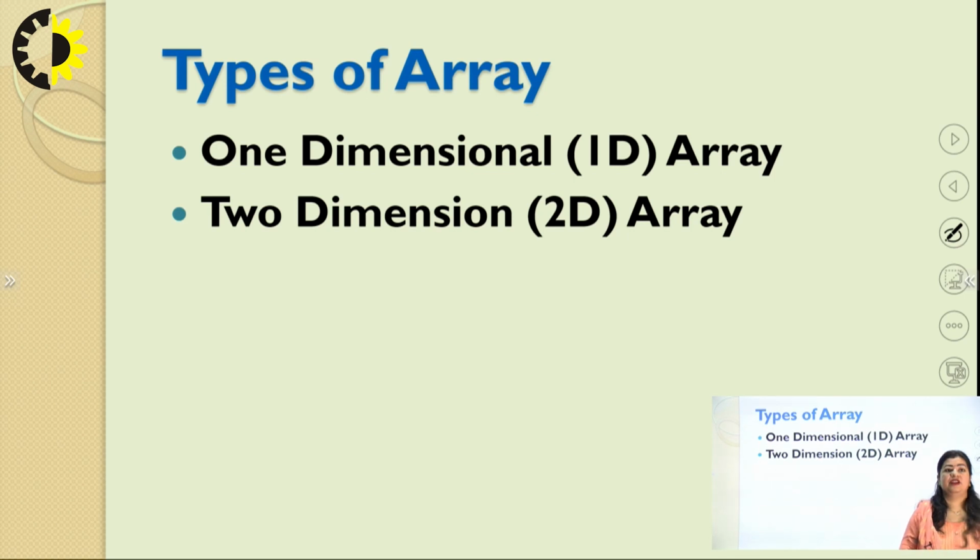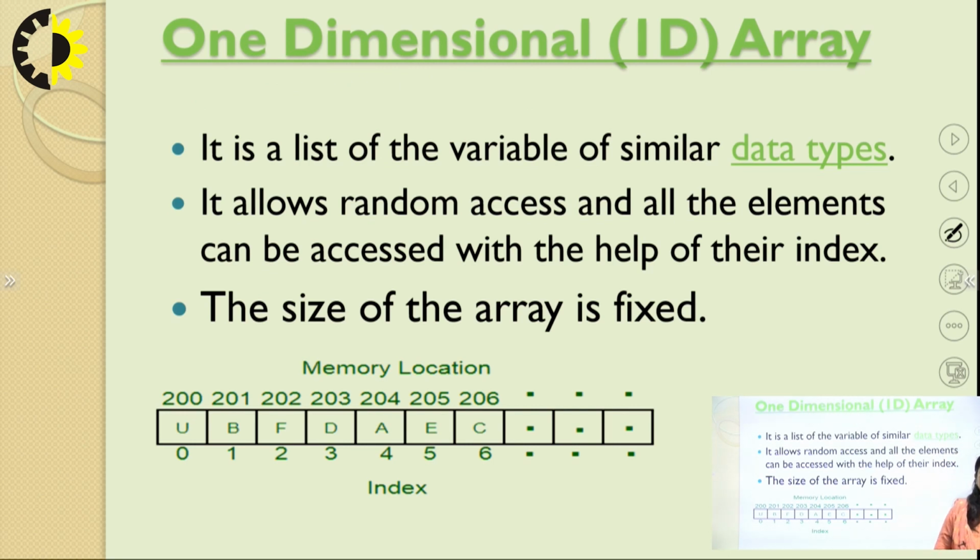Here is a 1-dimensional array and a 2-dimensional array. First of all, we will discuss the 1-dimensional array. In a 1-dimensional array, the variables are of similar data types. That means we use a single subscript, either a row subscript or a column subscript.